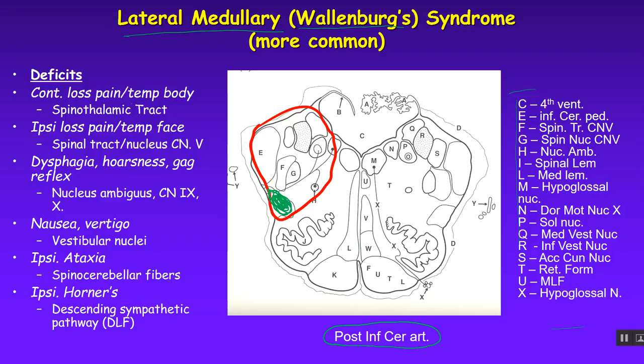Because remember, our spinothalamic tract comes in, crosses over immediately, and then ascends in the anterolateral system. The spinothalamic tract becomes spinal lemniscus once you get into the brainstem. So we're causing damage here, so we're blocking signals that have come in from the opposite side of the body. So that's why we have a contralateral loss of pain and temperature in the body.